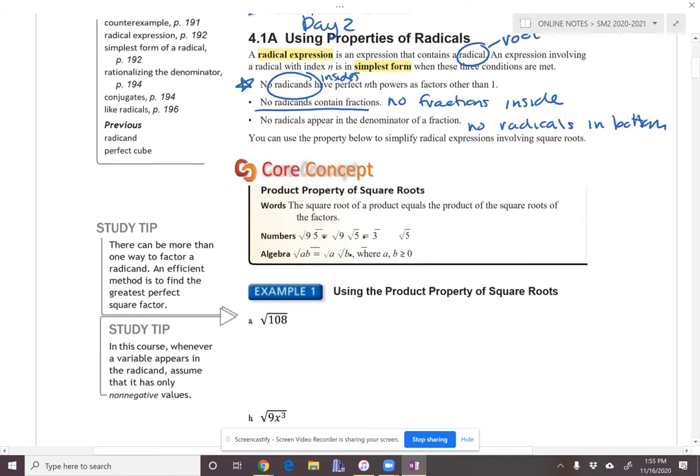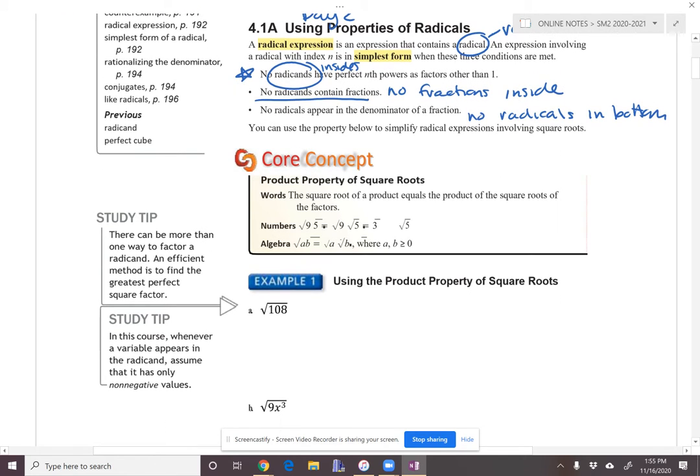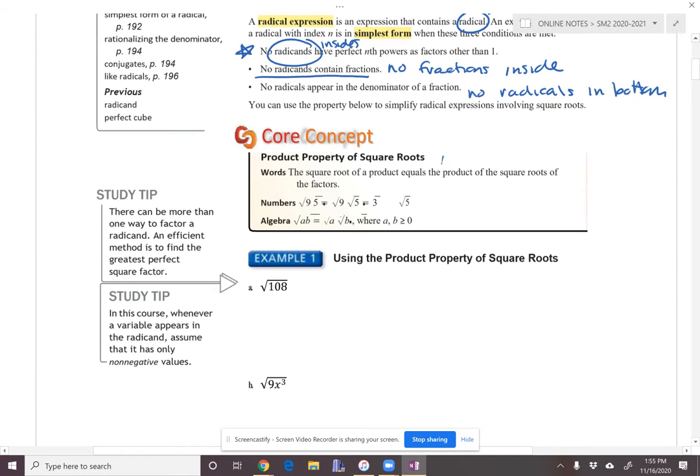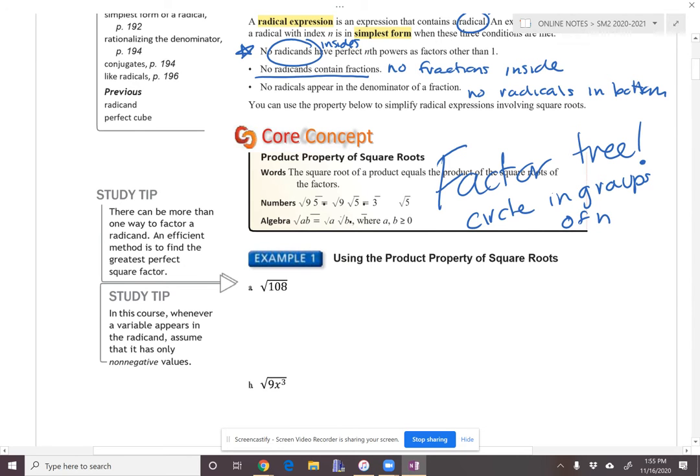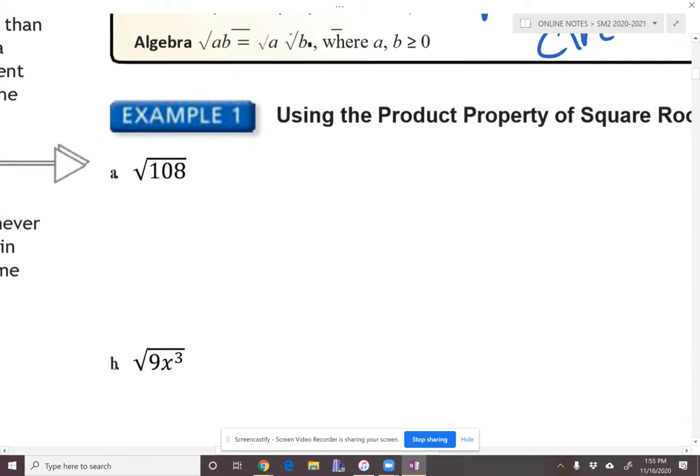Basically, this says there's a product property of square roots, but we're going to focus on making factor trees. So write here, factor tree. You're going to make a factor tree and circle in groups of n. If I'm going to simplify the square root of 108, I'm going to factor tree it.